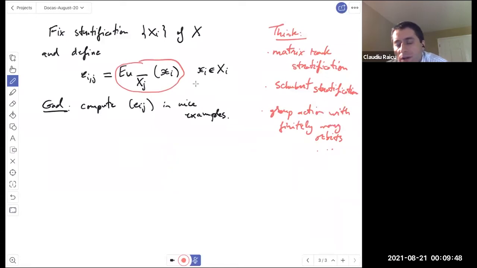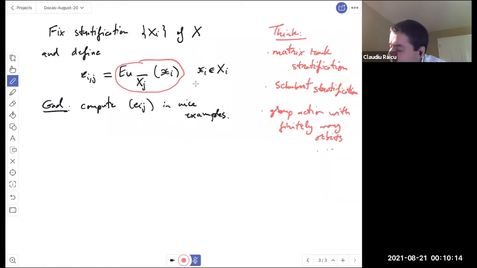But I guess what I'm saying is that if, for instance, I break up the stratum X_i a little further into pieces, but I keep X_j, I'm not saying anything interesting.